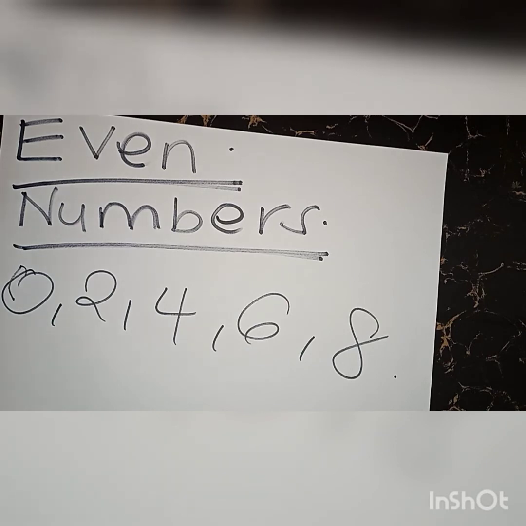So how do you know that a number with more than one digit is an even number? We should always look at the digit in the ones place, okay? So if the digit in the ones place is 0, 2, 4, 6, or 8, then those are even numbers, okay?